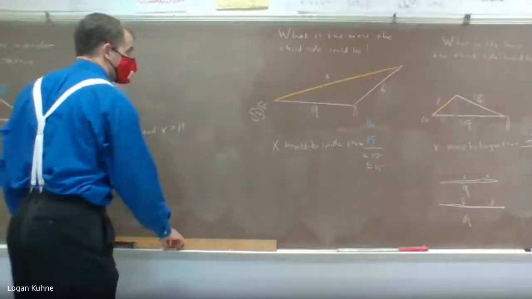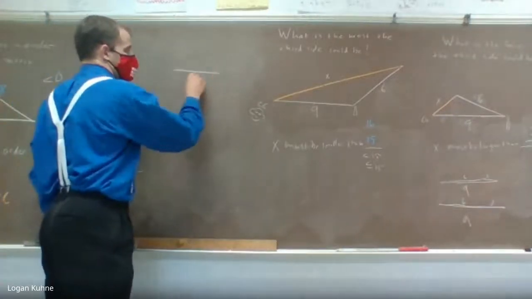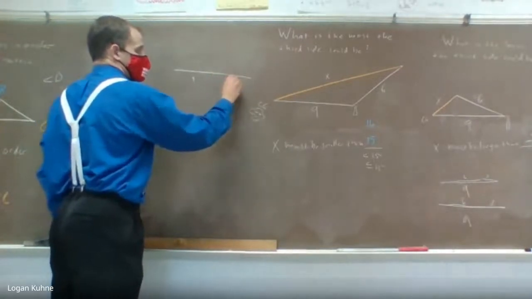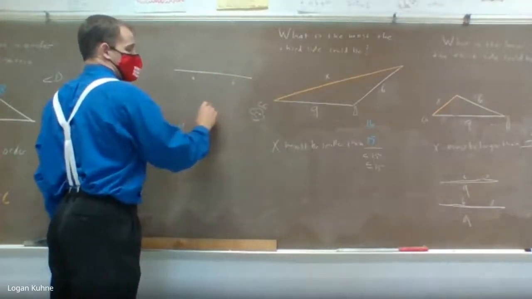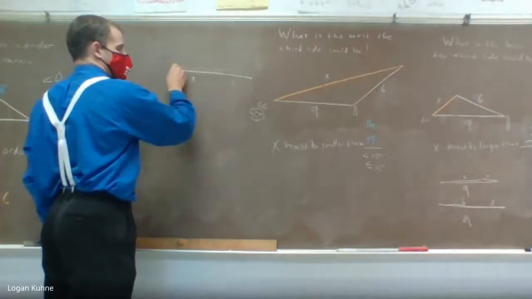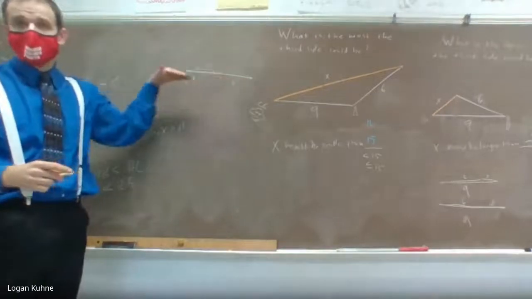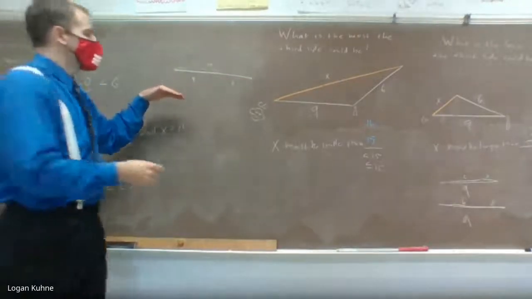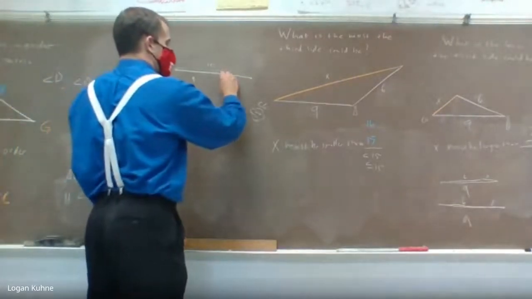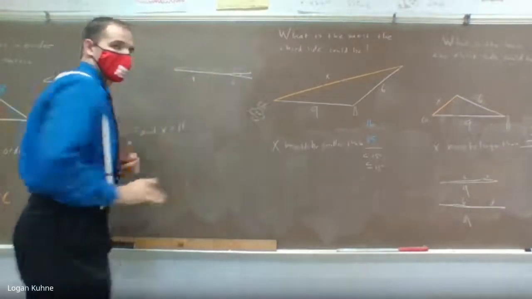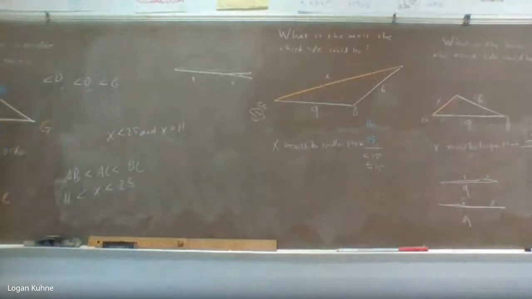So this is 9, 6. Then going back this way would be 15 if it's perfectly straight. But you're saying if I scoot it up a little bit like this, it's going to be less than 15? Yeah. Okay. Interesting.